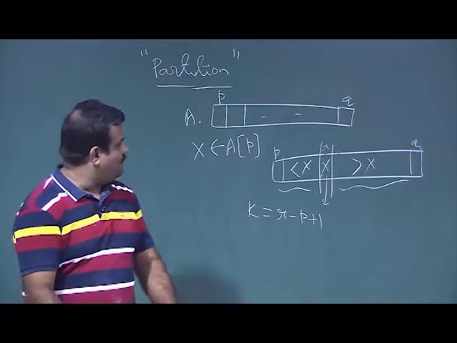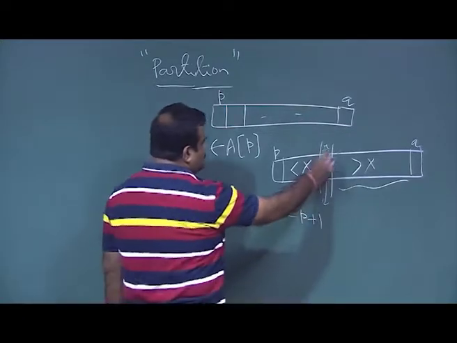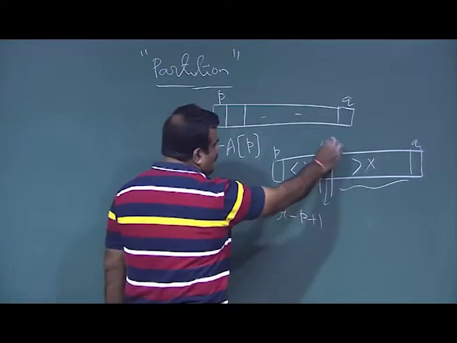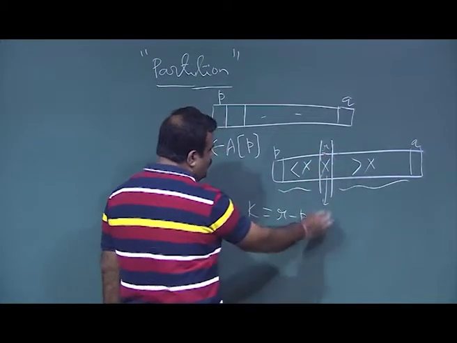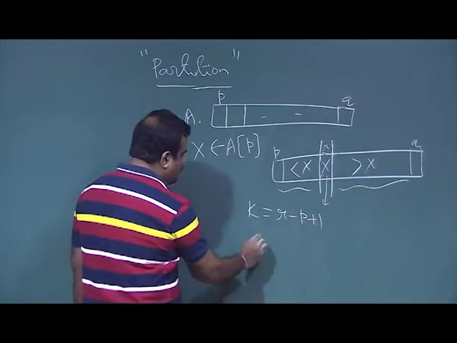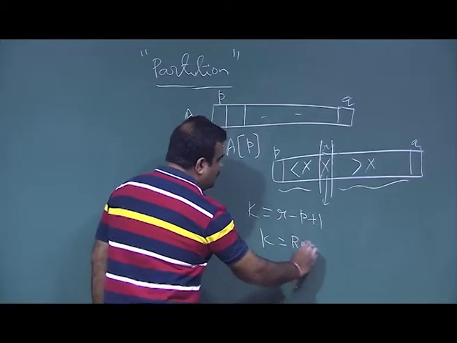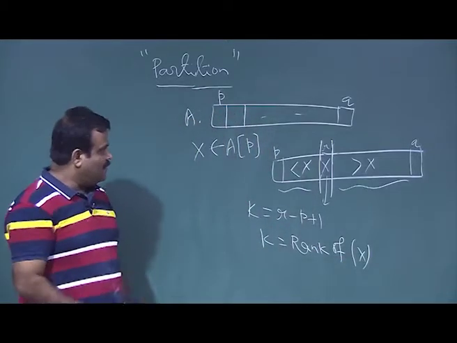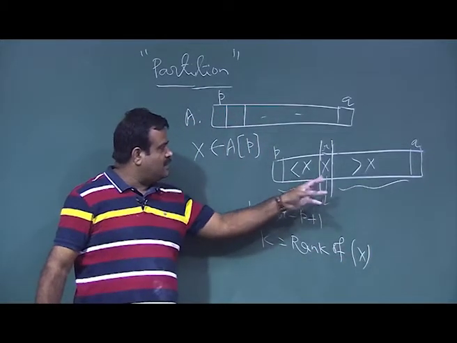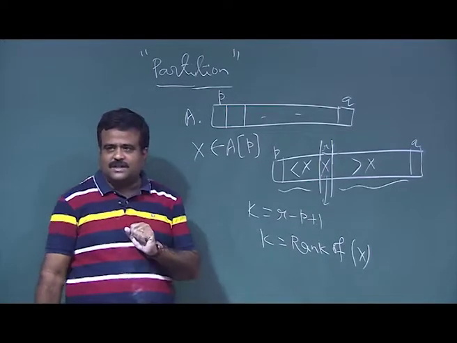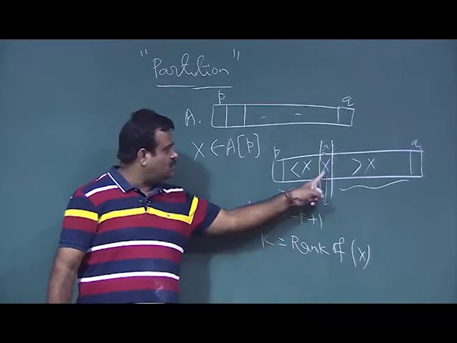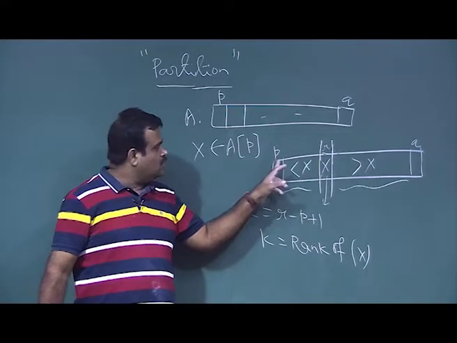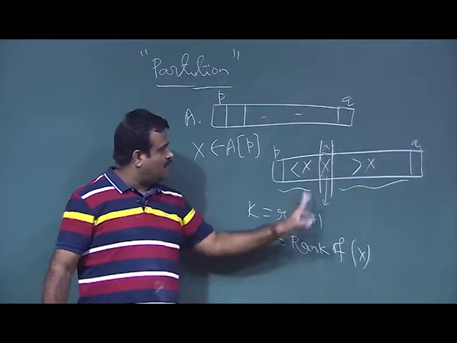Our array is starting from p to q, so k is basically the rank of x, because in the sorted array x is in the correct position. What is the position of x? If counting starts from 1 and the array starts from p, then it is r minus p plus 1.